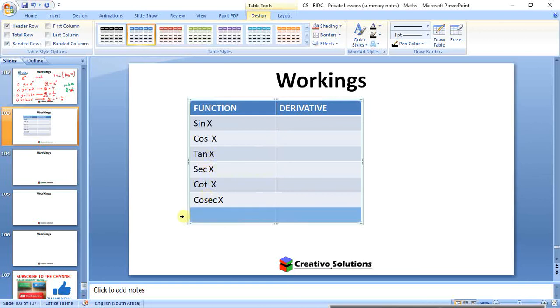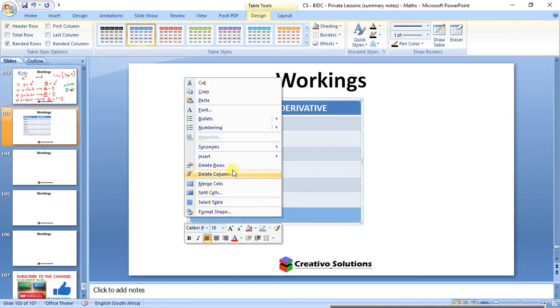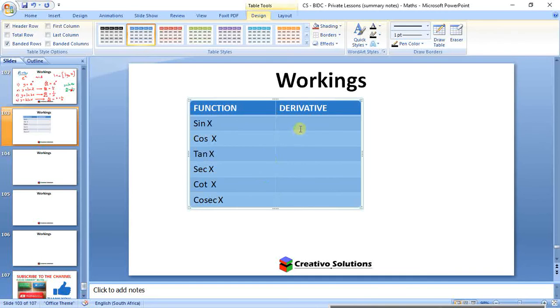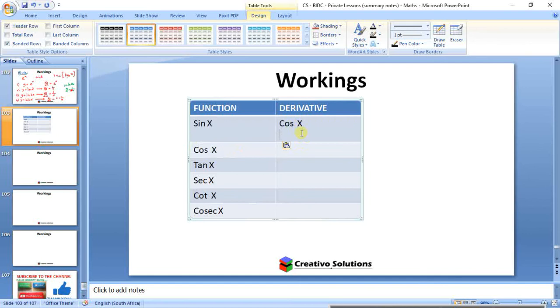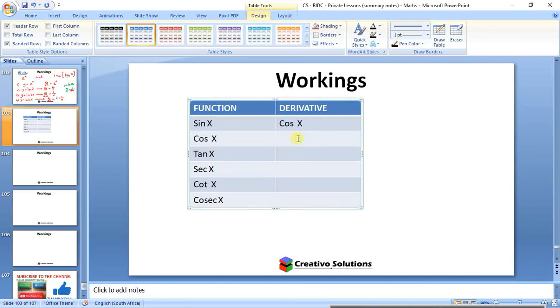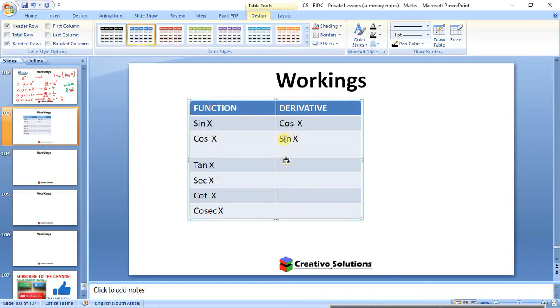If I see any of these in a question, the derivative of sine x is cos x. That's a nice easy one. The derivative of cos x is minus sine x, so it's a negative, not a positive.